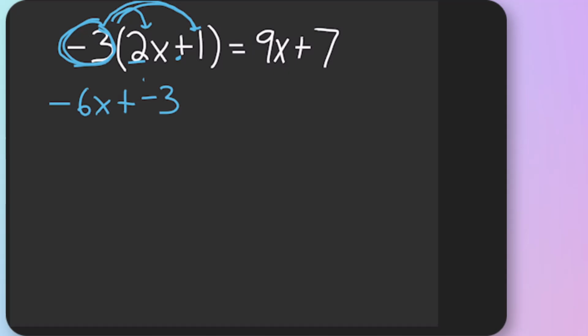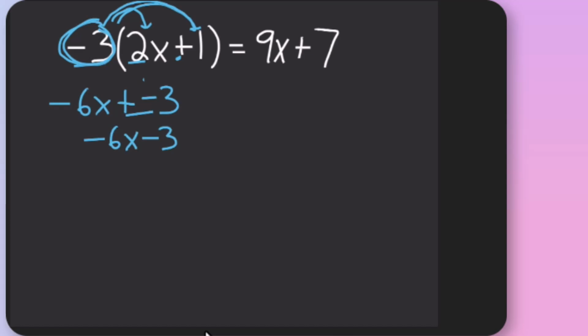At this point I have a -6x plus a -3. I've just distributed. Now the next thing I need to do is write that as -6x minus 3, because when you do plus a -3, you want to simplify that to just minus a 3.